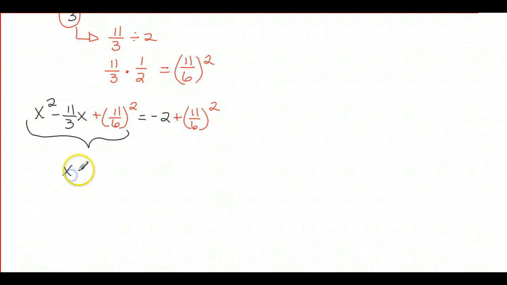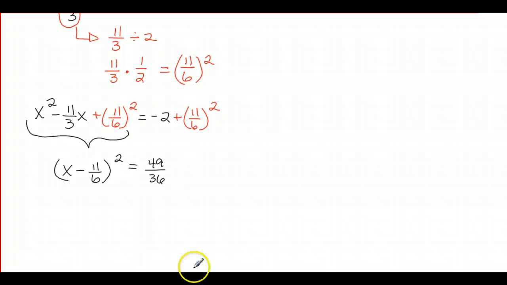So we have x minus 11 over 6 squared equals, and let me use my calculator to do negative 2 plus 11 over 6 squared. And let's see what we get. We get 49 over 36. So equals 49 over 36. Now you don't want to write this as a decimal. You want to leave these in fraction form.